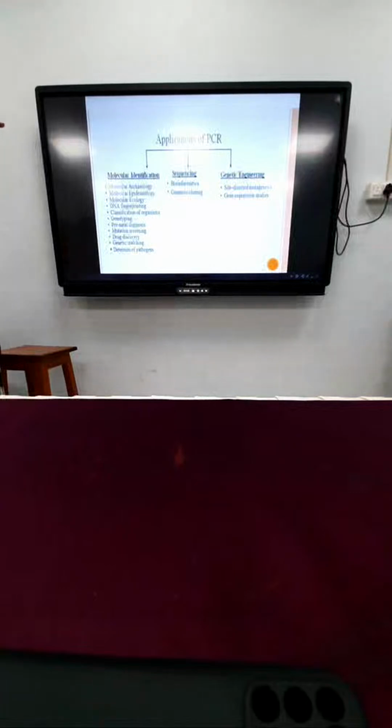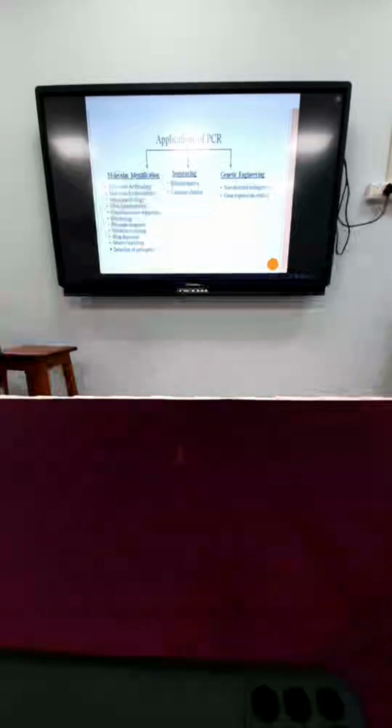Another is bioinformatics, genomic cloning, and genetic engineering, site-directed mutagenesis, and gene expression study. So these are the huge applications. Abroad, one person every day works only on the PCR.